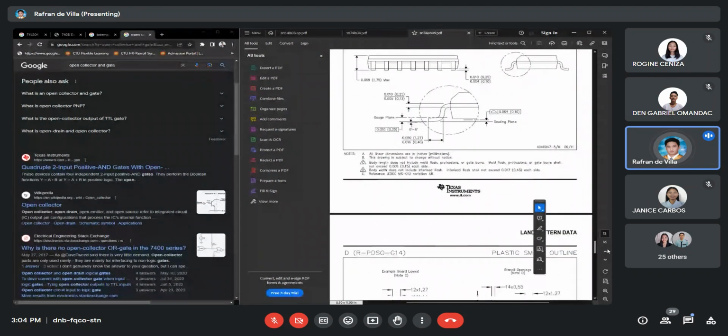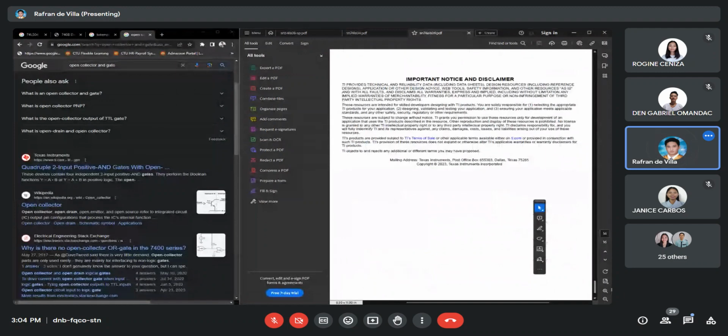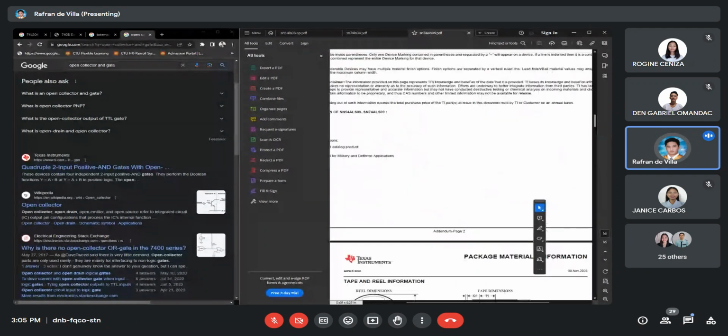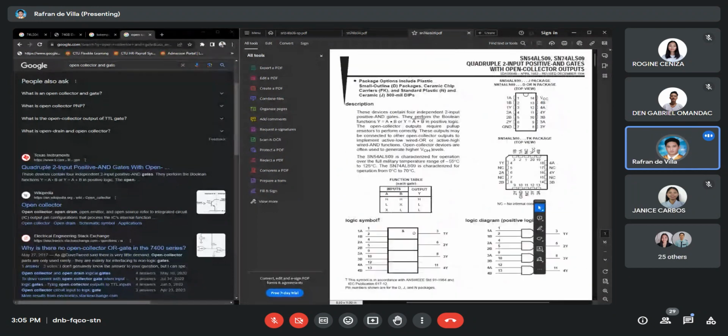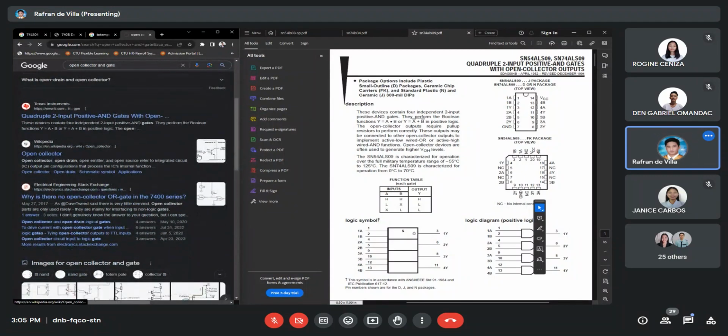Let's look for its schematics here. Oh, the schematic of the output side isn't shown. So anyway, the data sheet doesn't show it. This is what an open collector output looks like.